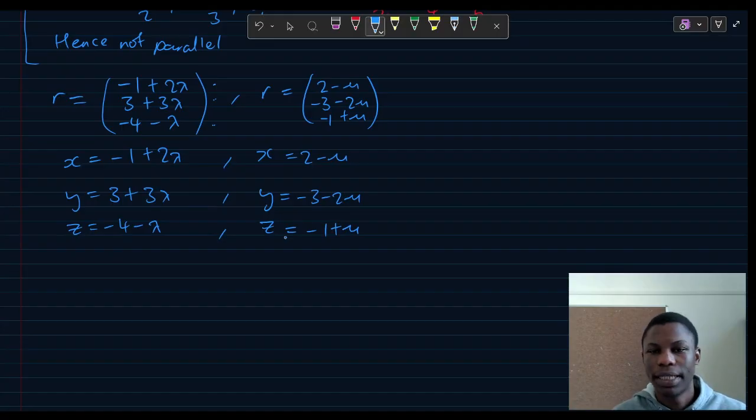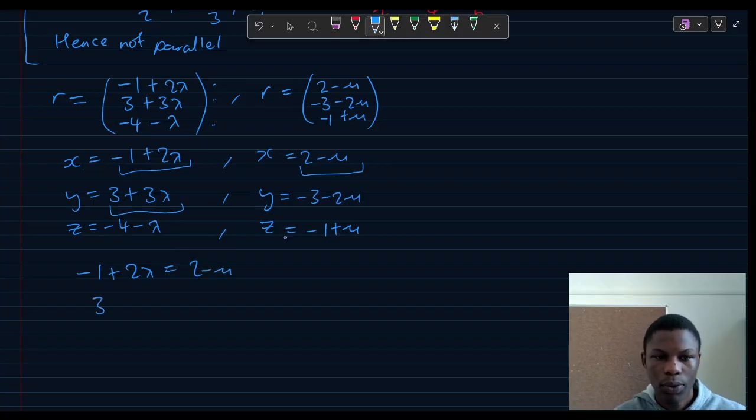But now, once we're here, I hope you can see that we can create a system of equations. I can say that my x component is equal to this, but we also know that x is equal to that. So I can equate those two. Right? y is equal to 3 plus 3 lambda, but y is also -3 minus 2 mu. z is -4 minus lambda, and this is equal to -1 plus mu.